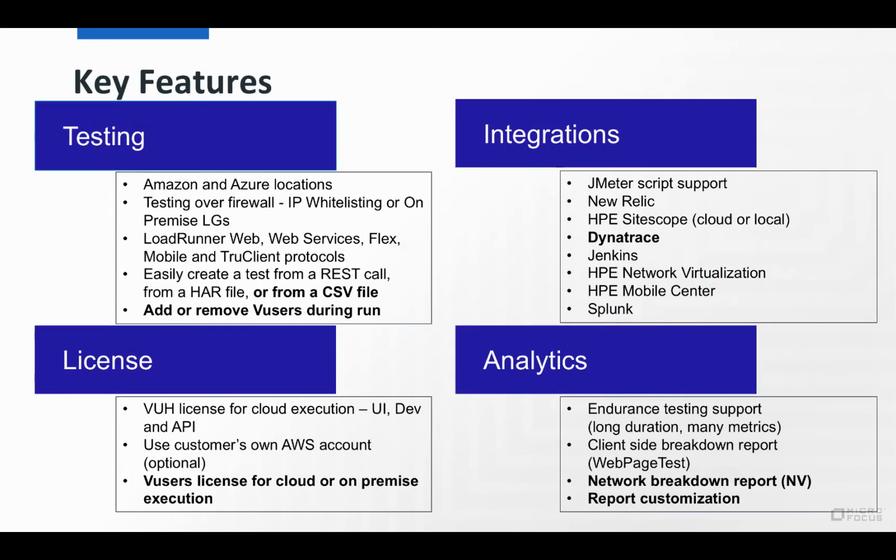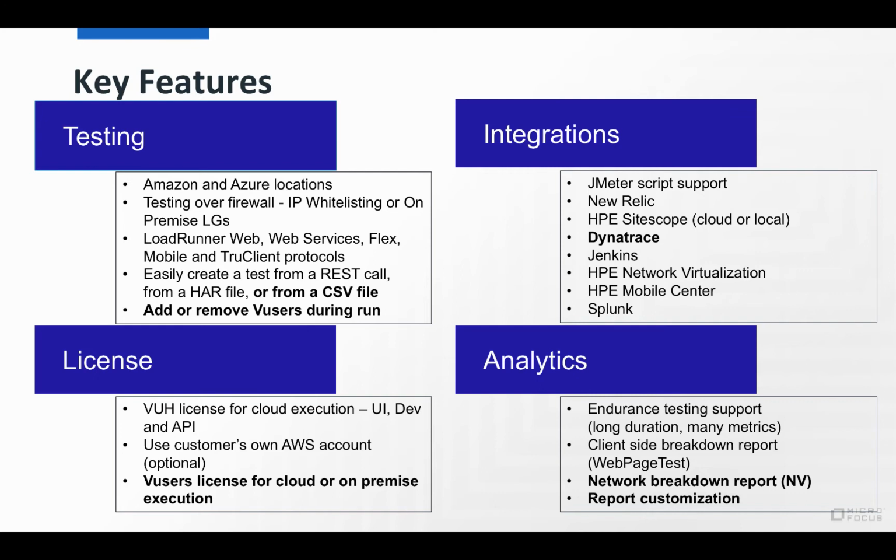So let's go over a few key features that StormRunner supports and provides. From the testing angle, we use Amazon and Azure locations, where we also support IP whitelisting or on-premise load generators for customers who can't use our load generators in the cloud.